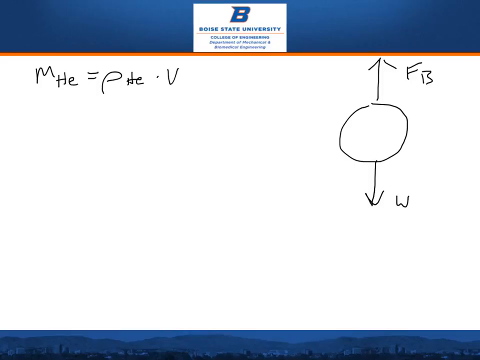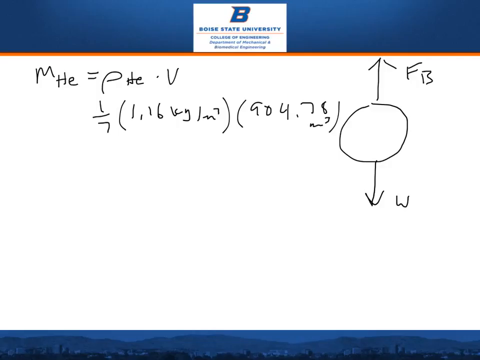We found the volume on the previous slide. The density of helium is 1/7 the density of air, which is 1.16 kilograms per cubic meter, times the volume of the balloon, 904.78 cubic meters, and we plug that in and we get the mass of the helium, which is equal to 149.93 kilograms.